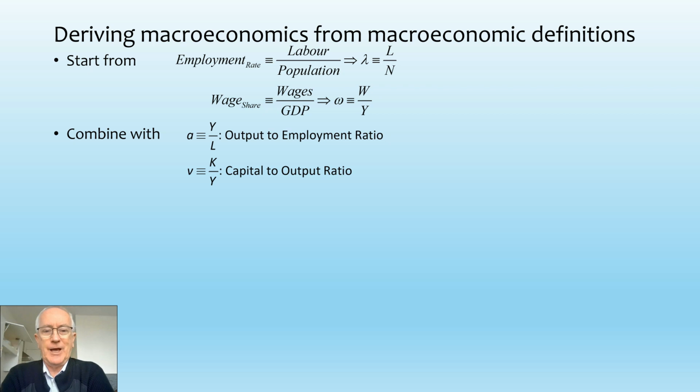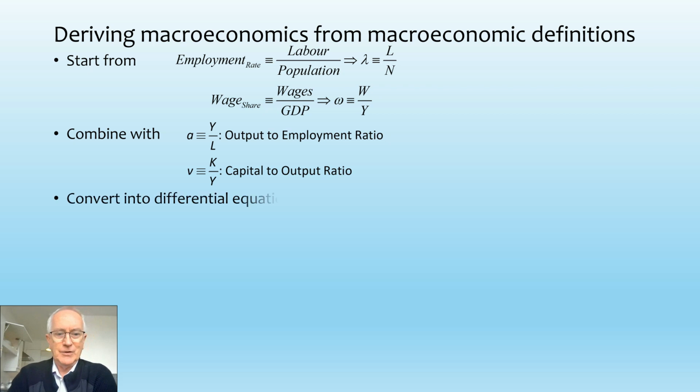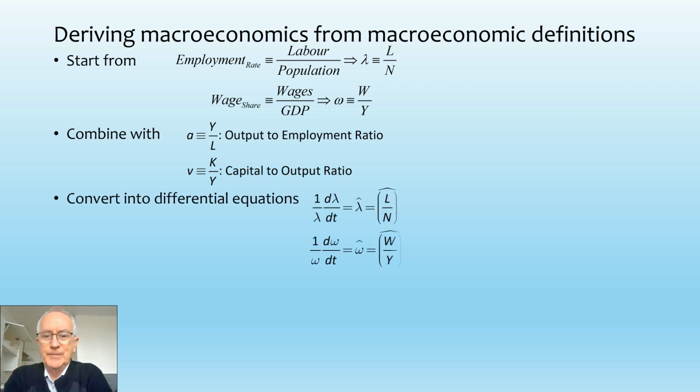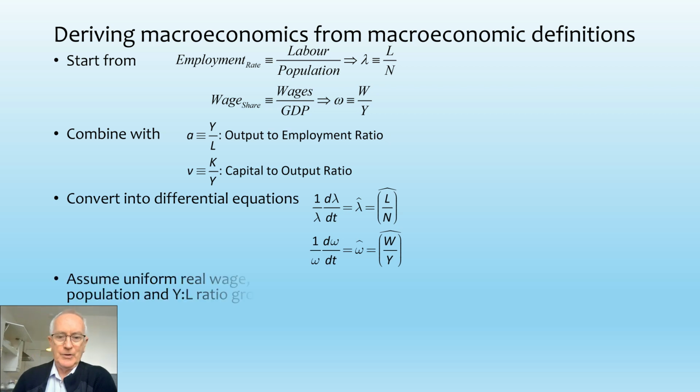And then V for the capital to output ratio. Now, that's what I've replaced with the efficiency of capital, but it's just easier to derive it this way here. And to convert this into differential equations, 1 over lambda d lambda dt, which is lambda hat, is again lambda hat over L divided by N, and omega the same way.